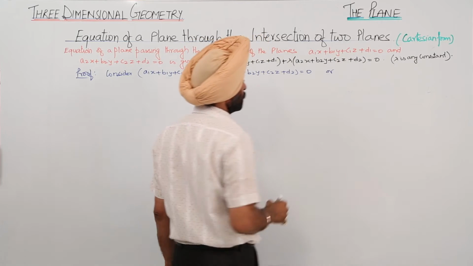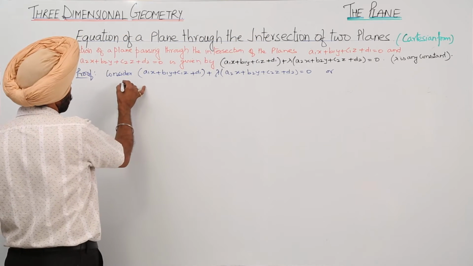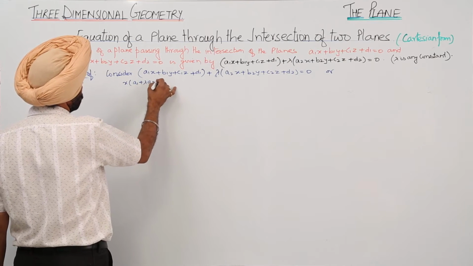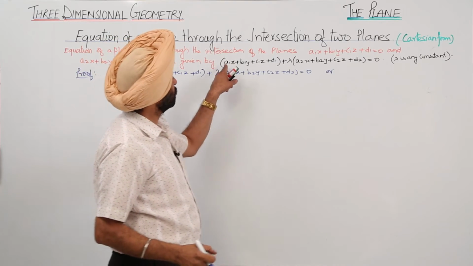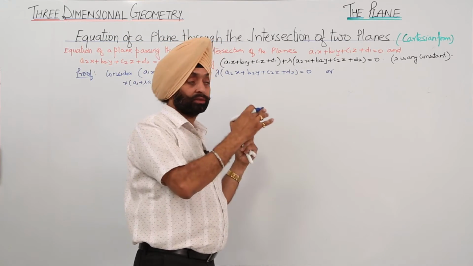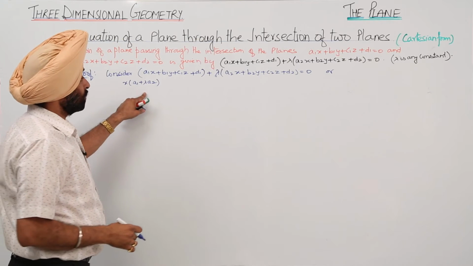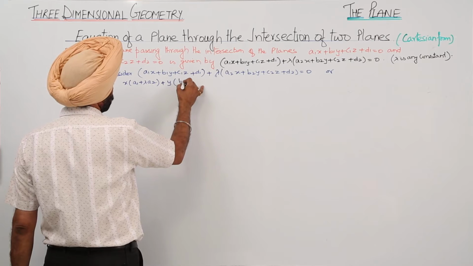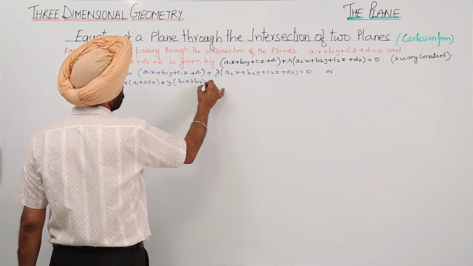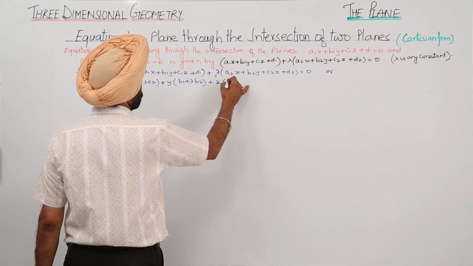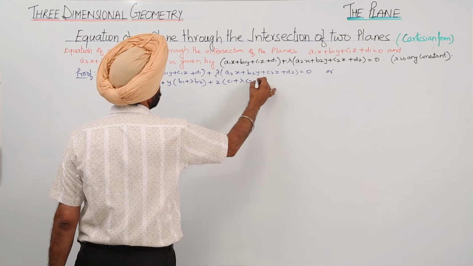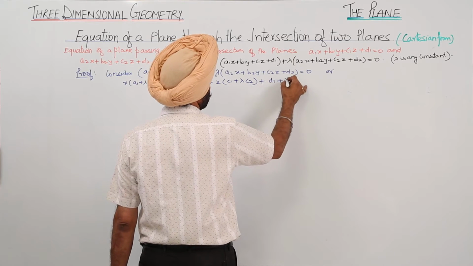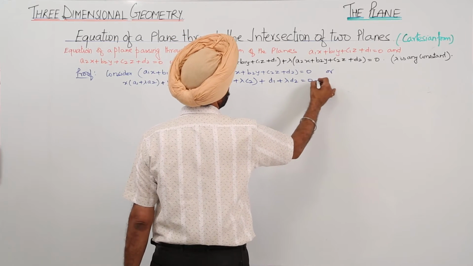We can write it now as x times (a1 plus lambda a2), just solving this one, taking x common and separating the coefficients. Now x(a1 plus lambda a2) plus y(b1 plus lambda b2) plus z(c1 plus lambda c2) plus (d1 plus lambda d2) is equal to 0.